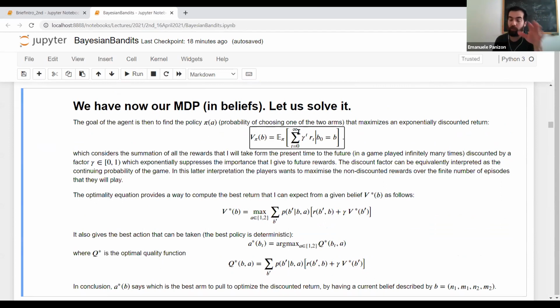So if we assign to each belief an action to take, we start from belief 0, which is my prior beta of total ignorance, and we go on and on following the policy, and we accumulate the expected value of all the possible outcomes discounted by gamma. Okay, which is the standard definition of value.